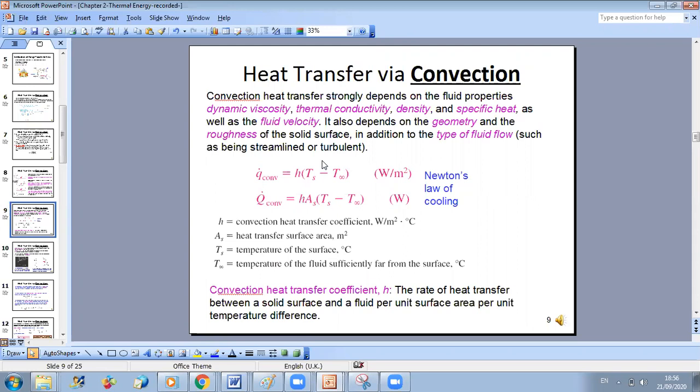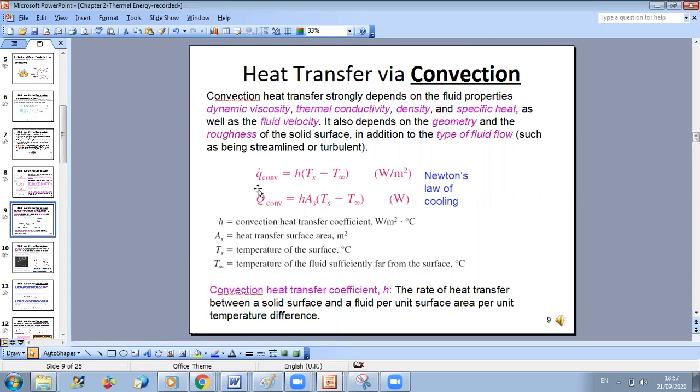This is why calculation of convection coefficient is very complex, okay? Because it depends on a lot of factors. And what we do is we perform experiments to come up with empirical relations that can work in general cases, okay? So always h, you need to get it from tables or from empirical relations developed in experiments.